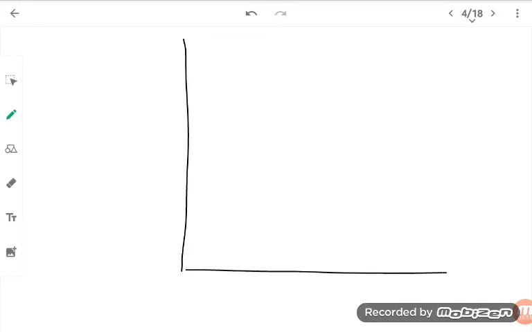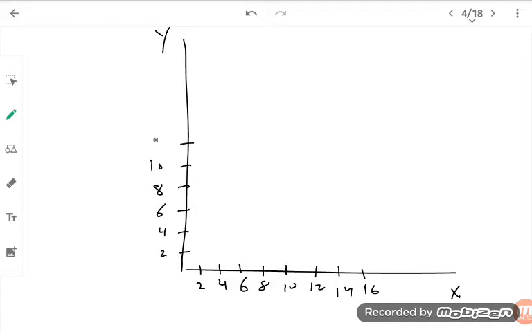Now we are going to draw the budget line. So as we said, combination number 1, X equals 0, Y equals 15.